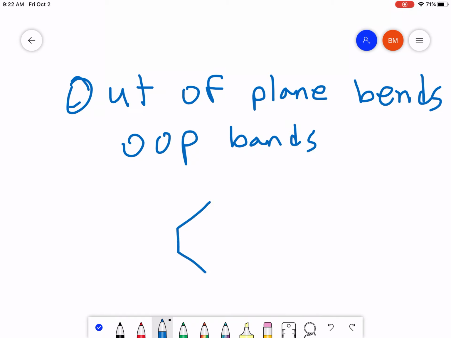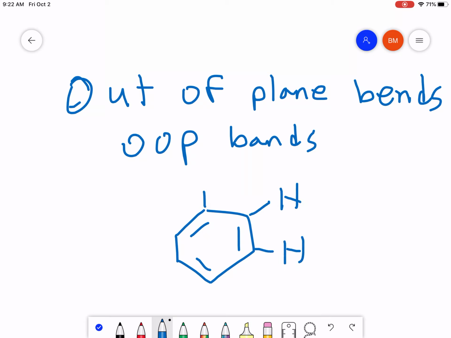Basically what that means is if you have an aromatic ring and it's got bonds, I keep wanting to draw it one way, but then I remember you guys haven't had organic 2, so I have to do it this way. Let's put some H's, a methyl group there, a Br here, whatever.